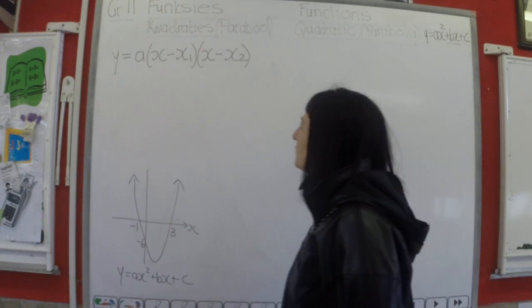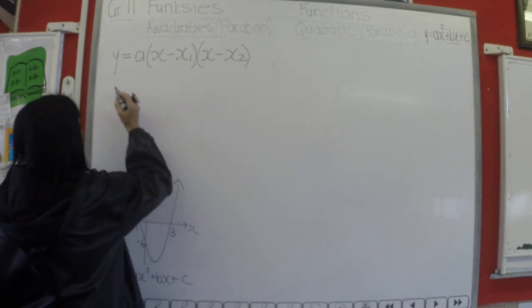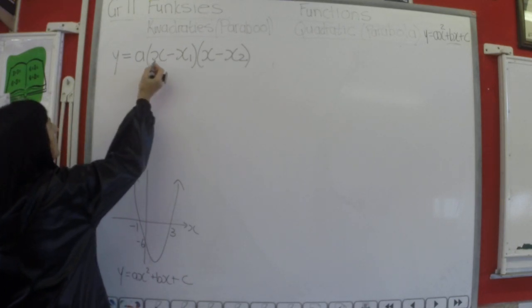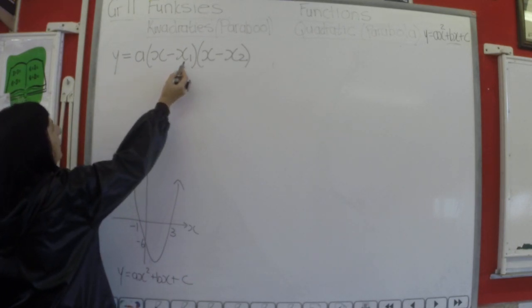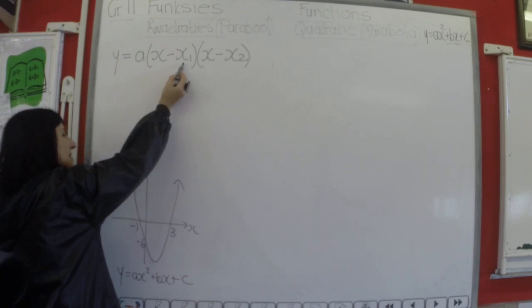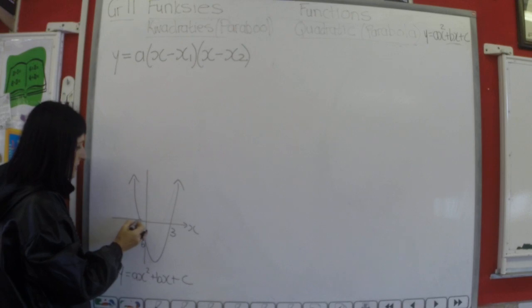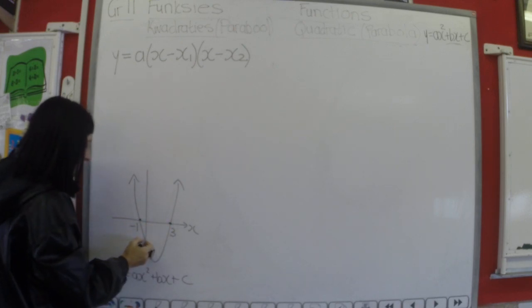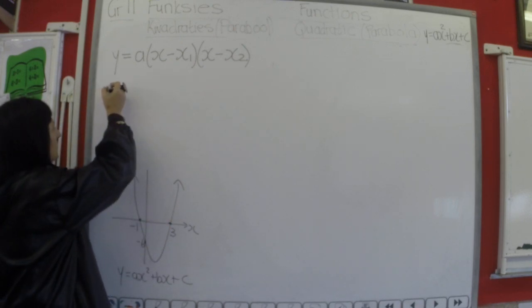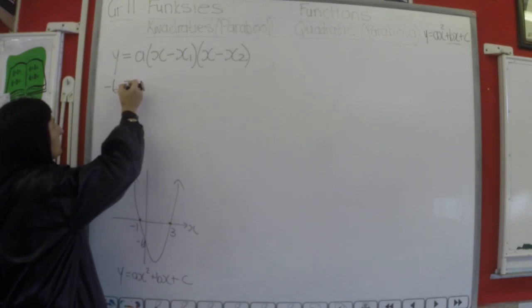Kom juffrou verduidelik vir jou wat is dit? Dit is jou x en y koördinate. And that x1 is the one x-intercept en x2 is die ander x-afsnit. So kom ons gaan sit wat ons het nou in. Ons het ons y-afsnit minus 6.